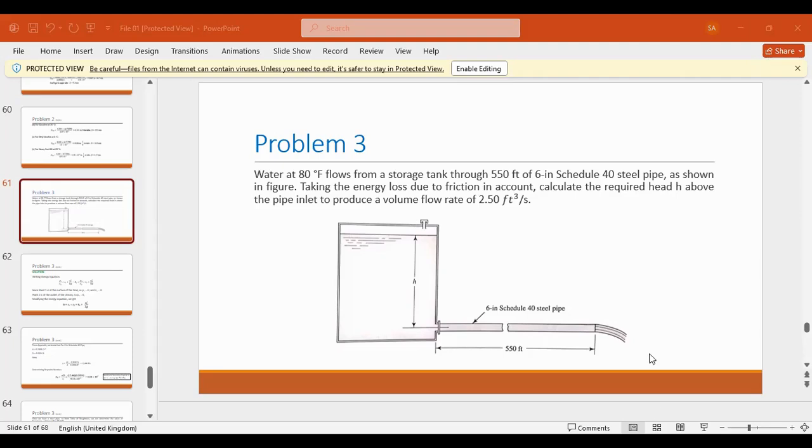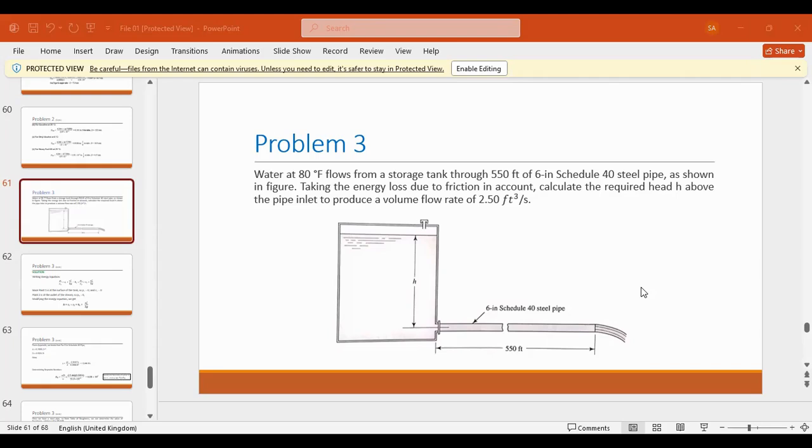As you can see in the problem, our task is to calculate the head above the pipe inlet that is necessary to produce a volumetric flow rate of 2.50 feet cubed per second, taking into account the kinetic energy and the pipe friction.